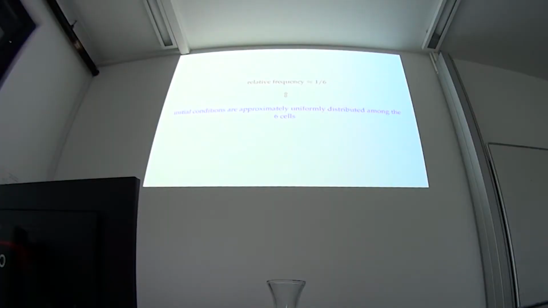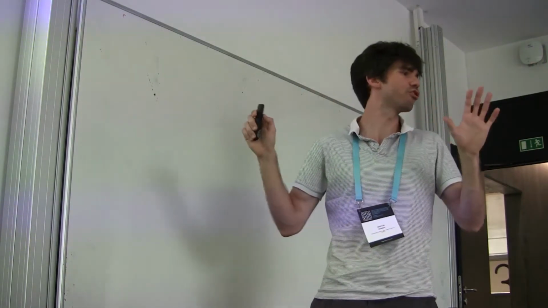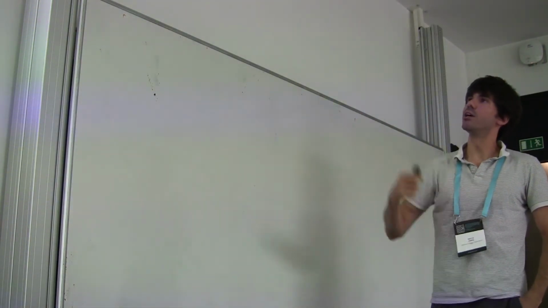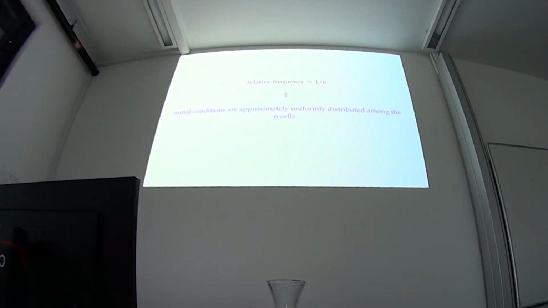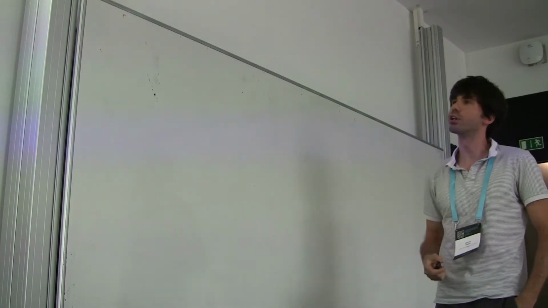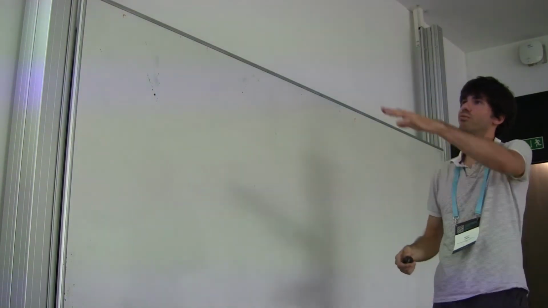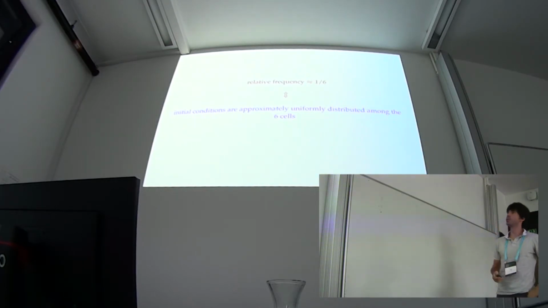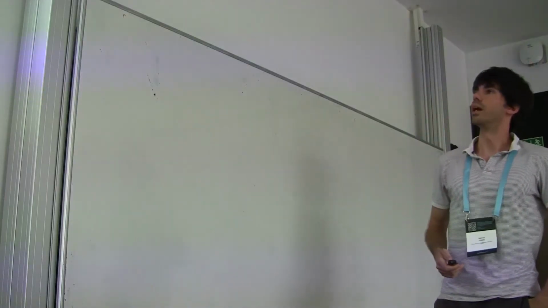So given the deterministic dynamics, that's just logic. So if you want to explain why you have that uniform distribution over the outcomes, what you have to explain is why you have this uniform distribution over the space of initial conditions, right? So that's what I'd like to answer now.